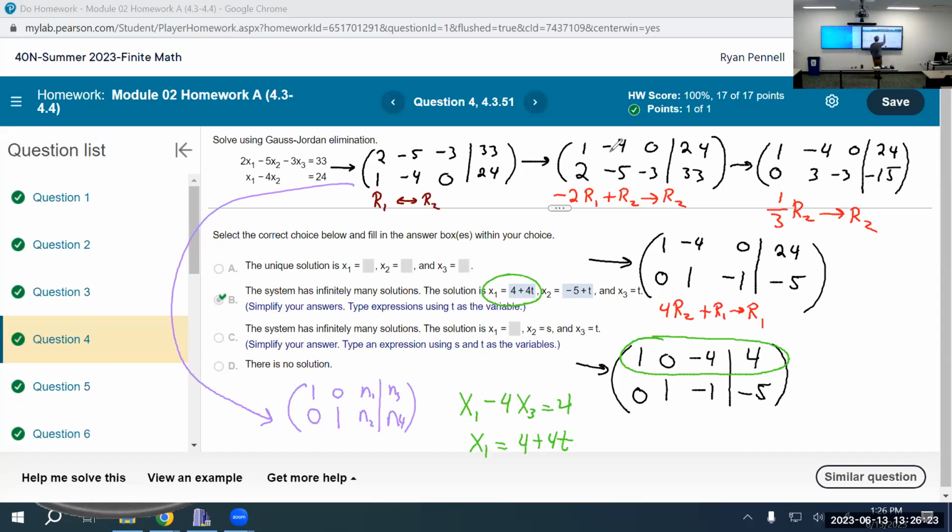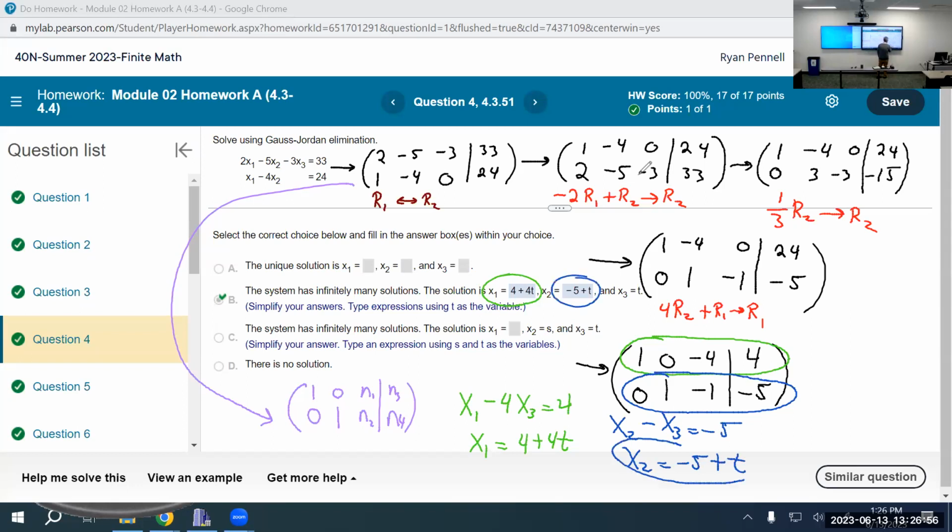Second row says x2 minus x3 equals -5. So solving x2 in terms of x3, which they say use t as your free variable, x2 equals -5 plus t.